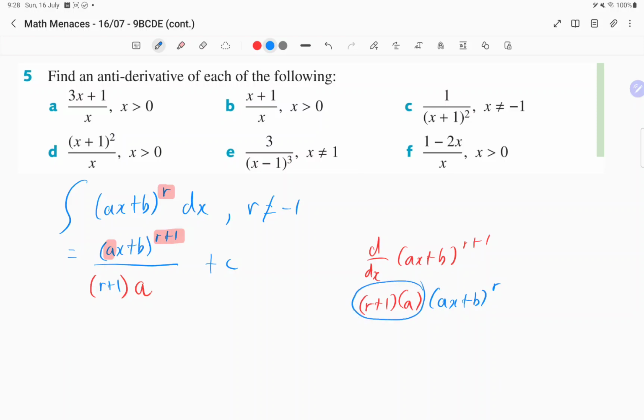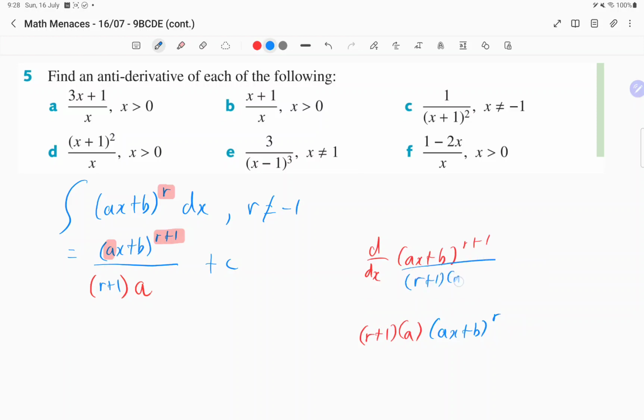If there's nothing to cancel them out, it won't go back to just this. So that's why when you antiderive ax plus b to a certain power r, you need to have the r plus 1 and then times a at the bottom, so that when you derive it, the r plus 1 times a factors get cancelled out, and you get back the ax plus b to the power r only without any other constants. Does it make sense? Yeah. So that's the formula for that.